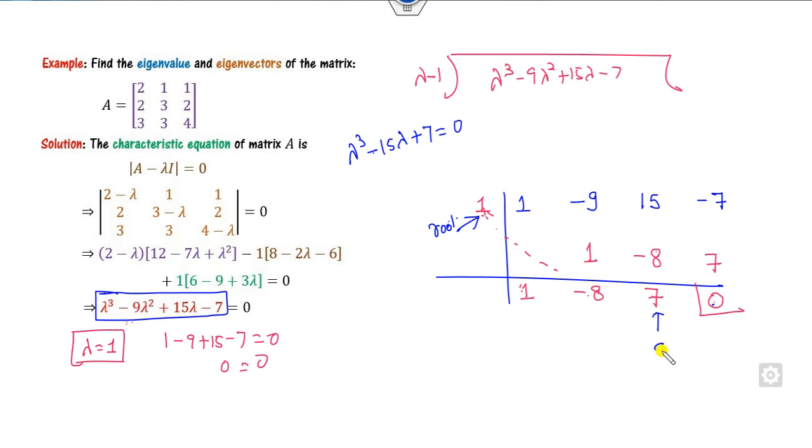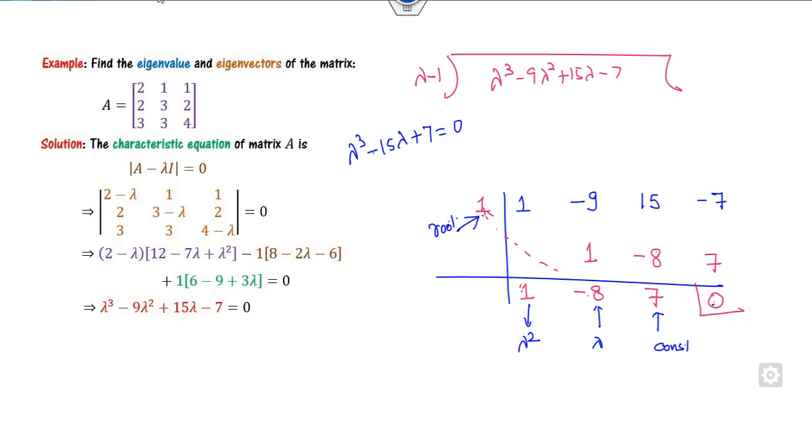Now this is the constant value, this is lambda, and this is lambda square. So you can write this equation with lambda minus 1 as a factor, times lambda square minus 8 lambda plus 7. If you divide them, you will get the same answer as here.